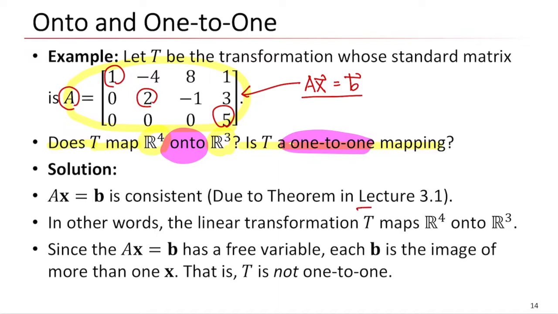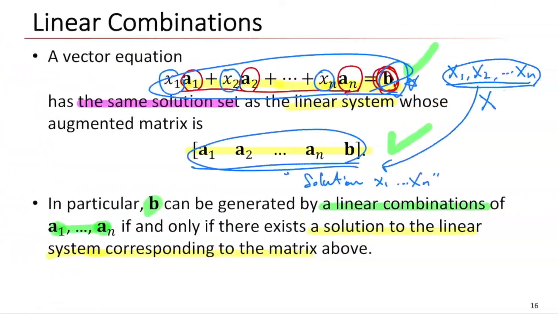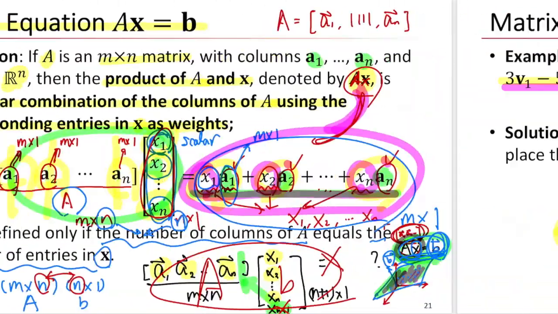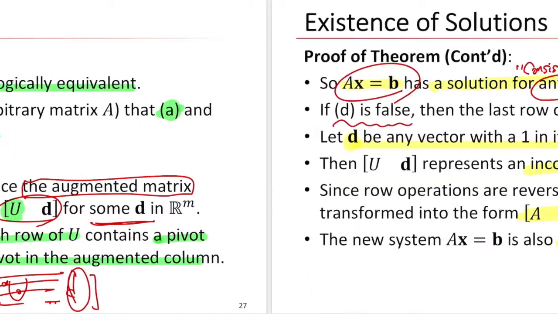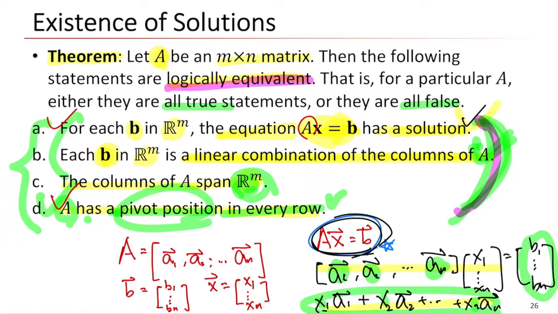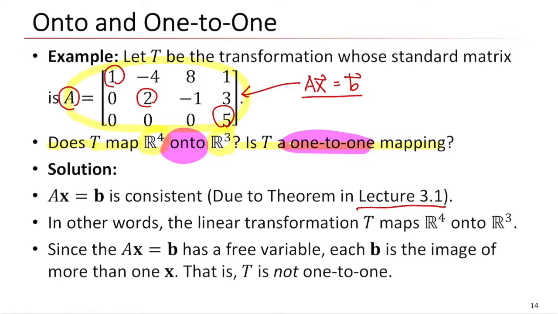What does it mean? Okay, if we go back to lecture 3.1, there was a theorem, where is that? Yeah, here. A has a pivot position in every row. It means that the equation has a solution, right? So Ax equals b is consistent in this case.